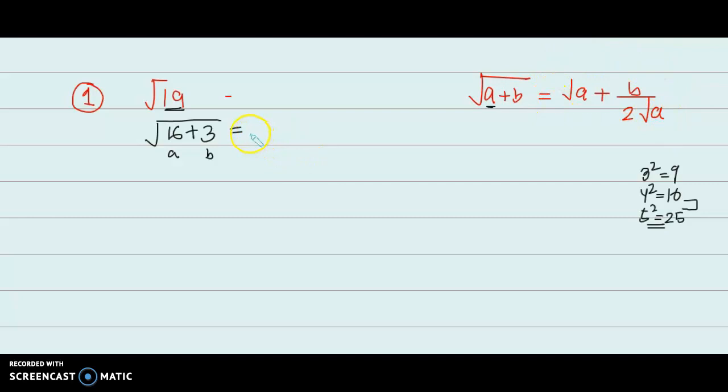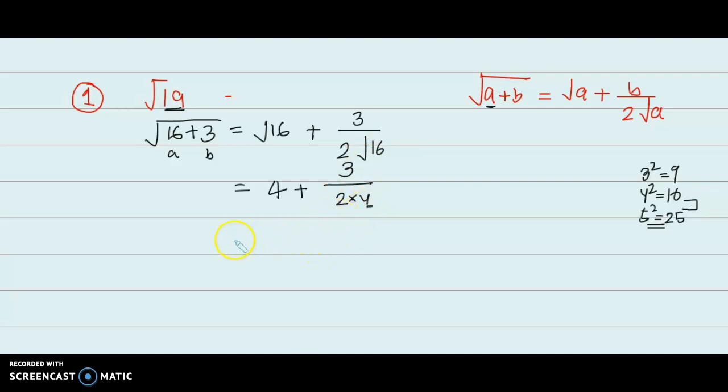So root a is root 16, plus b is 3, over 2 times root a, and root a is again root 16, which is 4. So that gives you 4 plus 3 over 2 times 4.